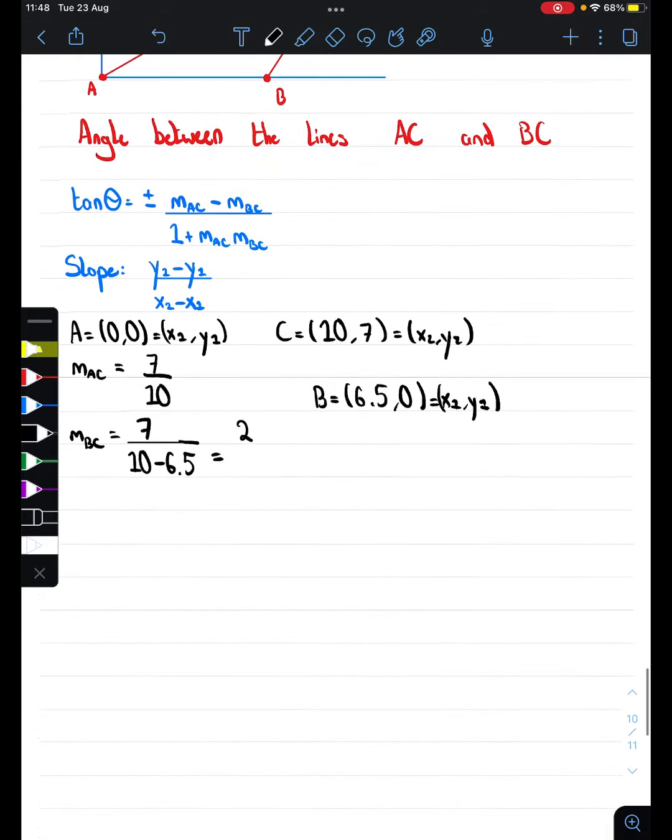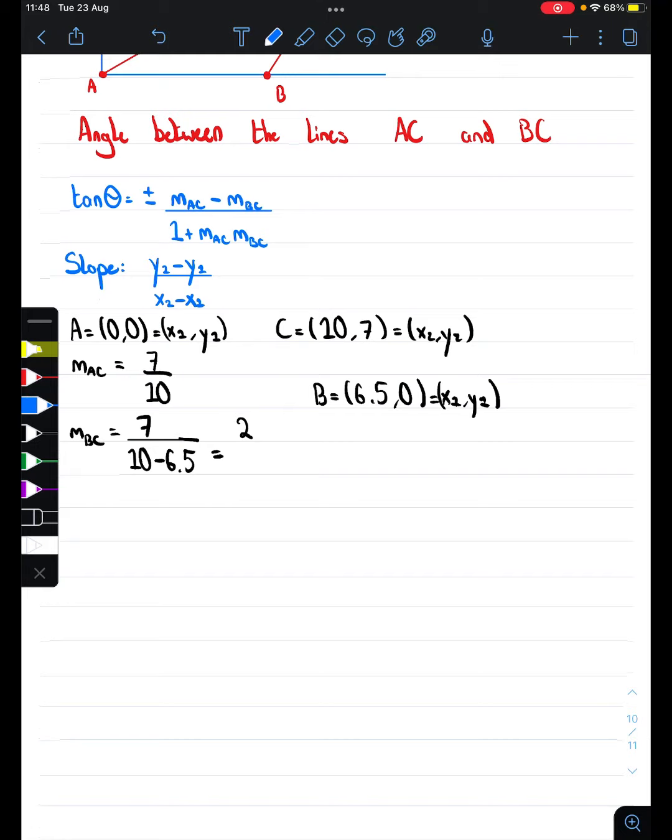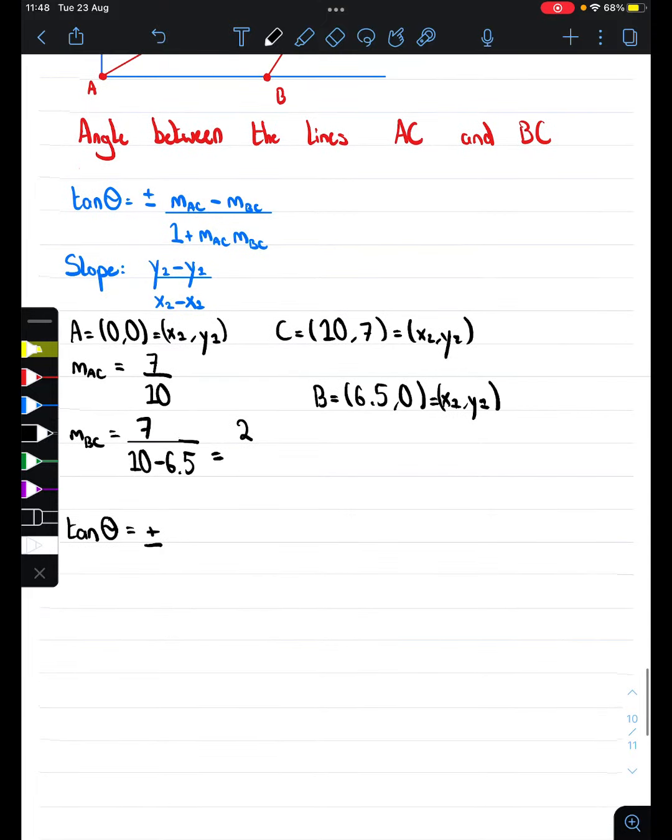MAC and MBC. So then if we just put that into our formula, then tan of our angle is equal to plus minus MAC, 7/10, minus MBC, 2, over 1 plus MAC, 7/10, by MBC, 2.